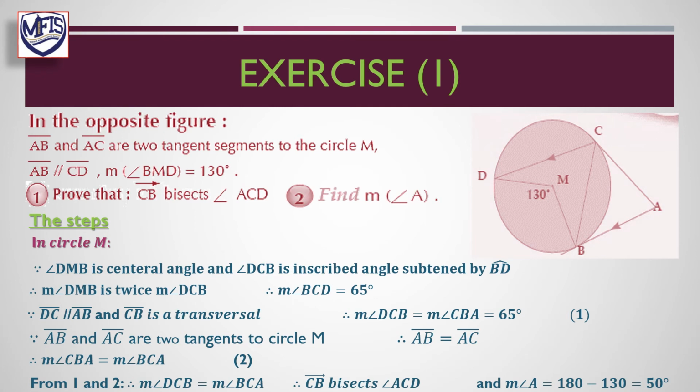Therefore ray CB bisects angle ACD. This is the first required. The second required, find the value of angle A. It's very easy. From triangle ABC, measure angle A equals 180 minus (65 plus 65). Then 180 minus 130 equals 50 degrees.